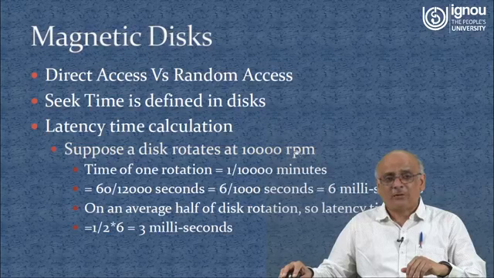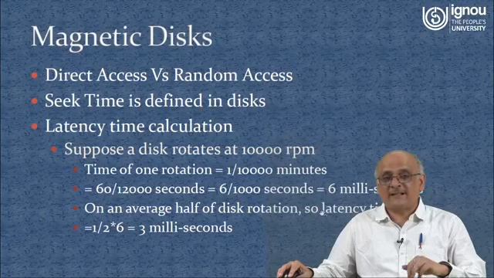This is rotations per minute, and 1 minute is 60 seconds, so 60 by 10,000, which gives 6 by 1000 seconds, which is 6 milliseconds. On an average, half of the disk rotation, so latency time becomes 3 milliseconds for a disk which rotates at 10,000 RPM.